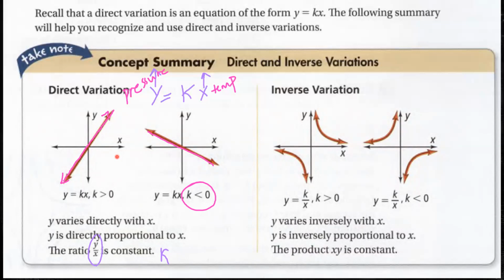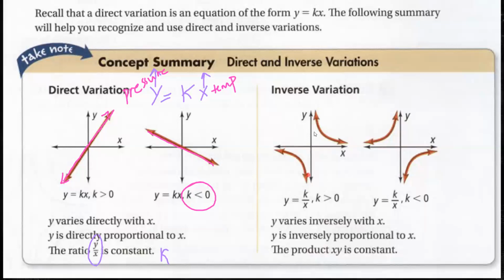Now, how will the question be? If I say y varies directly with x, this is direct variation. But if you say y varies inversely with x, this is an inverse variation. How will the graph of the inverse variation be?